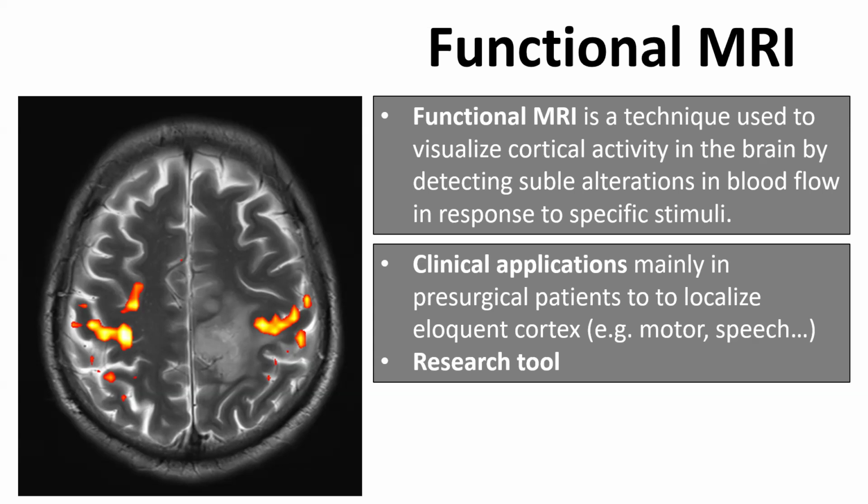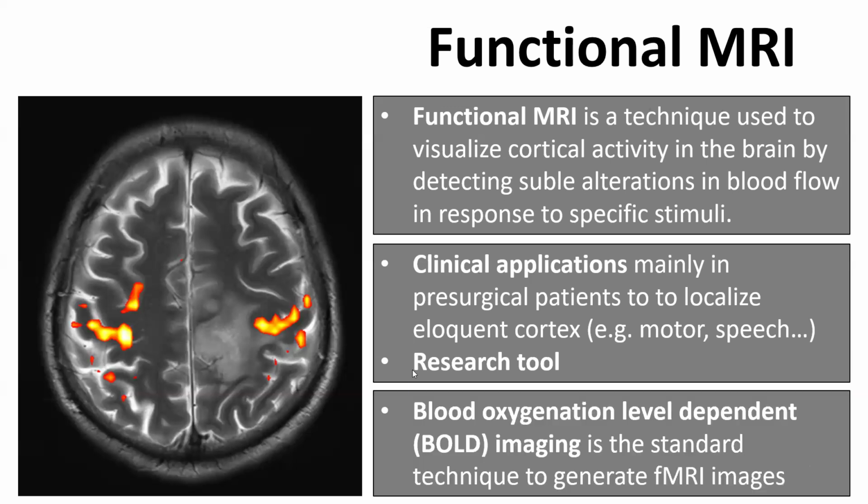In daily clinical practice, it's limited to very specific pre-surgical situations, mainly patients with a brain tumor located in the vicinity of a functionally important part of the cortex, like the precentral gyrus, Broca area, Wernicke area, and so on. So the clinical applications are quite limited and selected, but it's used a lot for research purposes.